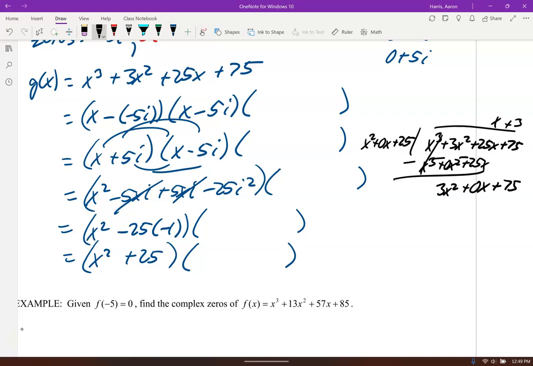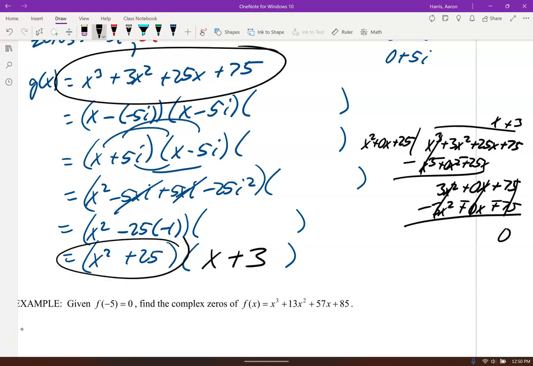Next time will be 3. And go ahead and change those signs. And that's gone, that's gone, that's gone. So there's no remainder, and there's the x plus 3. I took this one, divided by the x squared plus 25, and I get x plus 3.